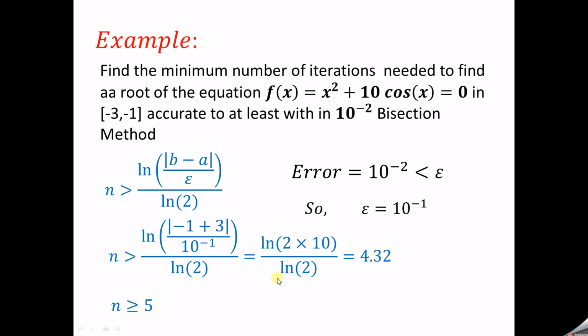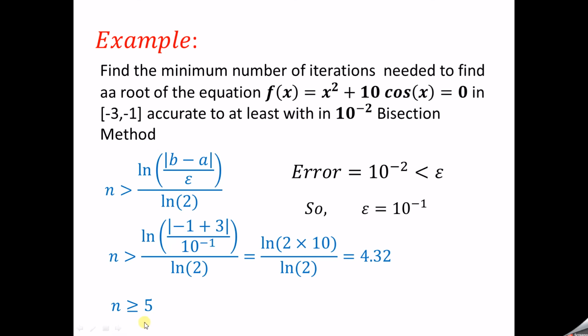So n is greater than 4.32 means n is greater than or equal to 5, because n is the number of iterations. Iterations will be only positive integers 1, 2, 3 and so on. So greater than 4.32 means n should be 5 or more.